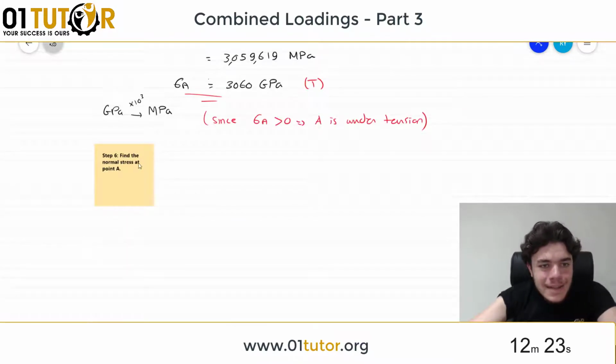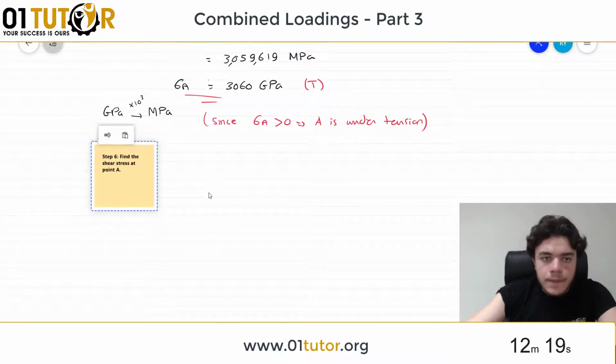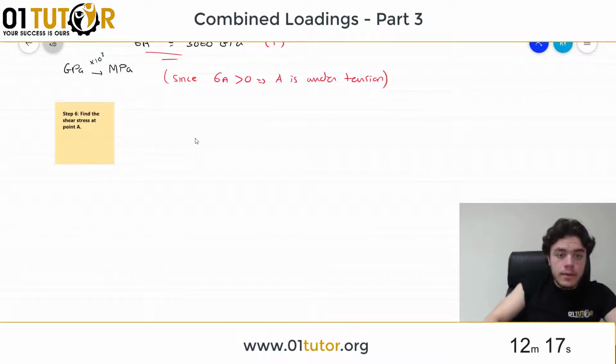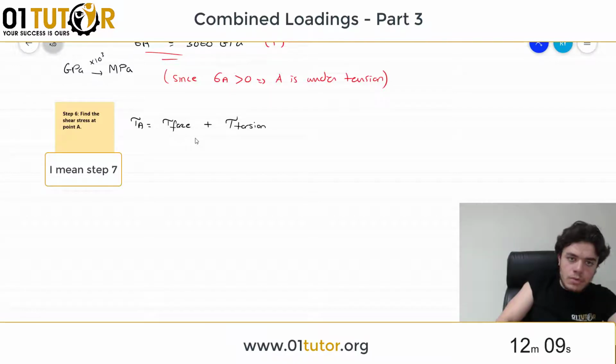How to calculate the shear stress at point A? So find the shear stress. Recall that the shear stress at a point is equal to what's happening due to the force plus what's happening due to the torsion. So let's start with tau force, and it is VQ over It.